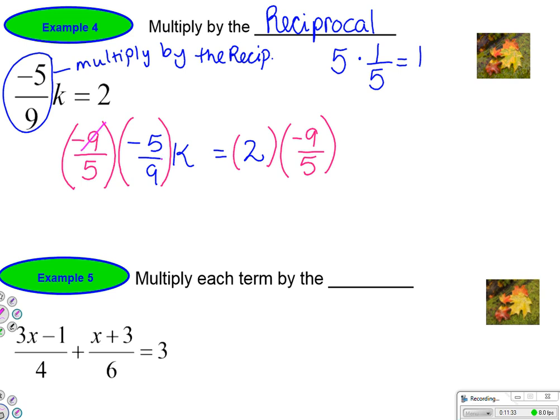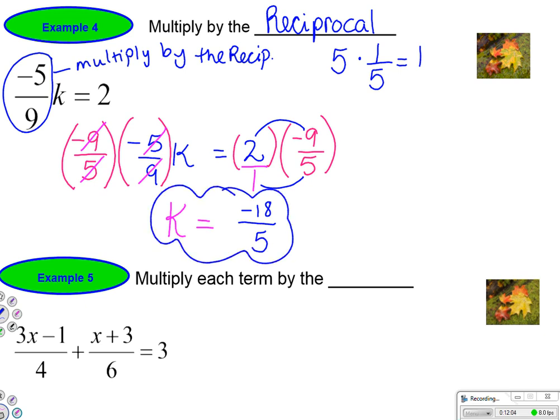Well, the 9 cancels with the 9, or 9 divided by 9 is 1. 5 divided by 5 is 1. Negative times negative is positive. So I end up with k on this side, really 1k, but we don't usually write the 1. And on the other side, this is like over 1. So I'm going to multiply my tops together and get negative 18. And then I'm going to multiply my bottoms together and I'll get negative 18/5. And that's the answer.